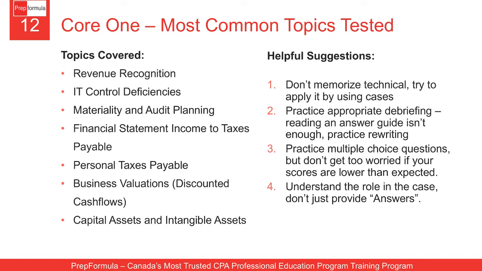If you understand the topics covered here, on the left side of your screen, you'll see a bunch of topics, okay? Revenue recognition, IT control deficiencies, materiality, audit planning, financial statement, income to income tax payable, personal taxes, business valuations, specifically DCF, right? Discounted cash flow, and capital assets and intangible assets.